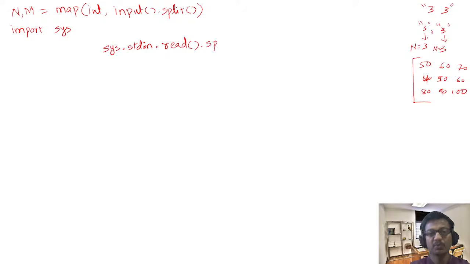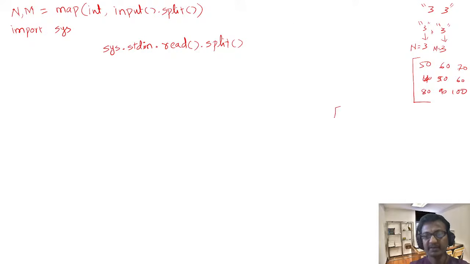Now what you do is split this into individual strings. read.split splits each element into an individual string. So you get a string of this kind.